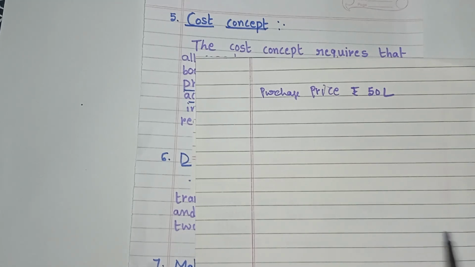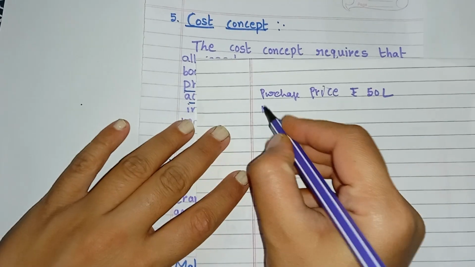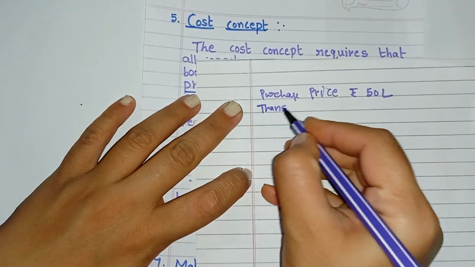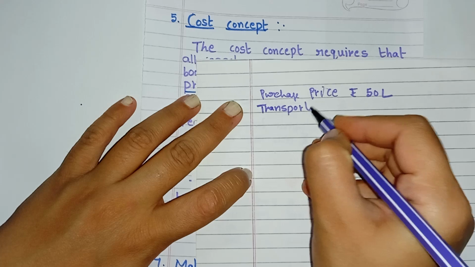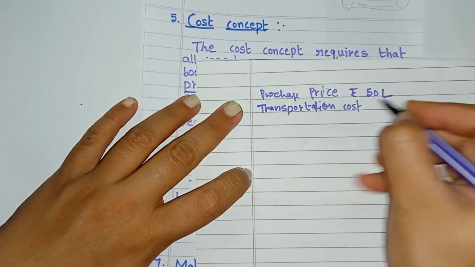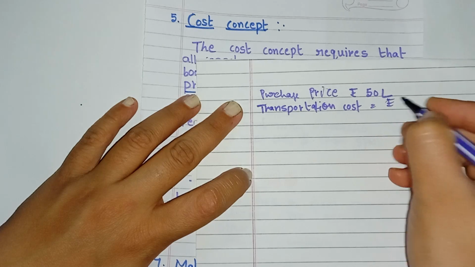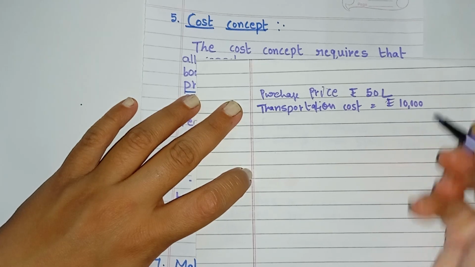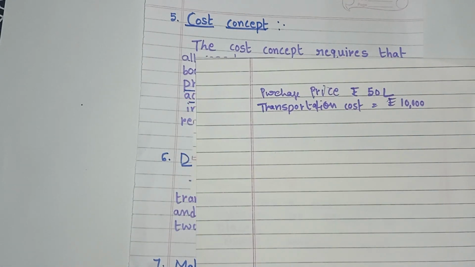An amount of rupees 10,000 was spent on transporting the plant to the factory site. So transportation cost equals rupees 10,000, and rupees 15,000 was spent on repairs for bringing the plant into running position.